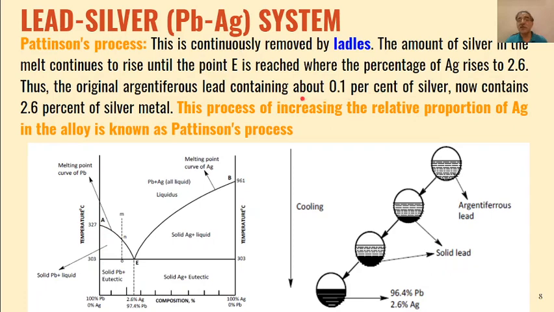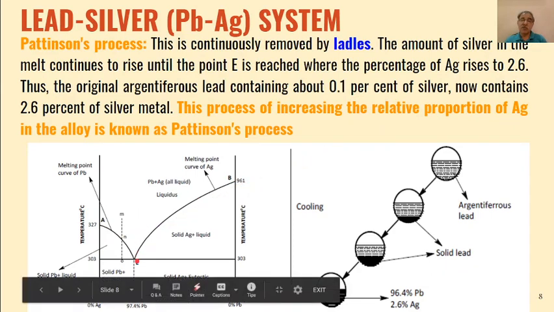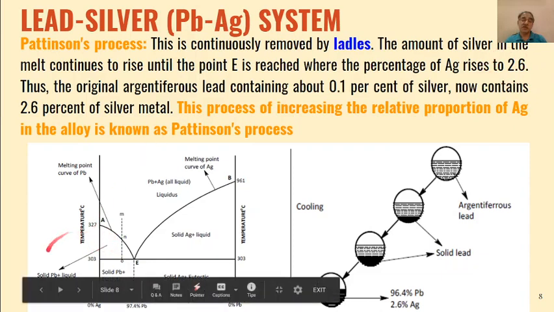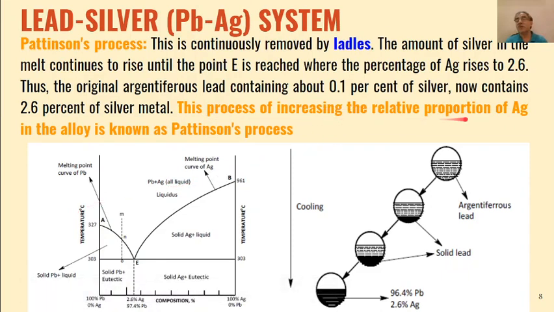So we started with material having 0.1% of silver, and while cooling at constant concentration, the percentage of silver has increased to 2.6% by separation of the solid lead. This process of increasing the percentage of silver in the alloy is known as the Pattinson process.